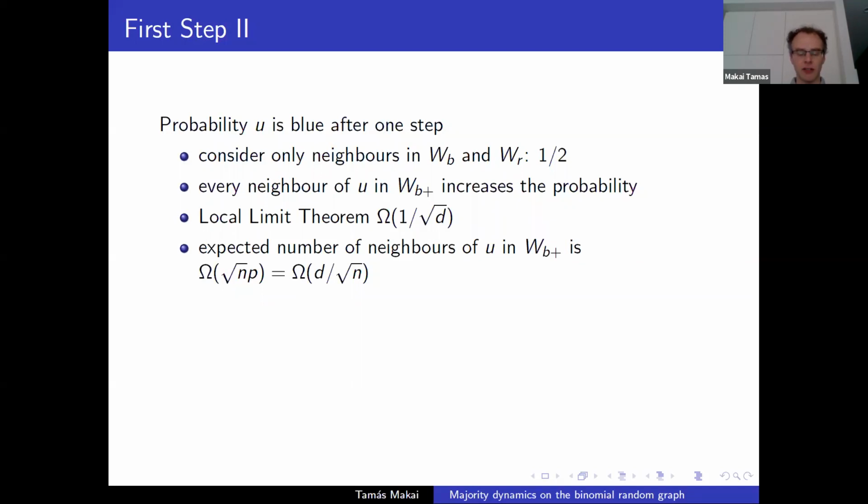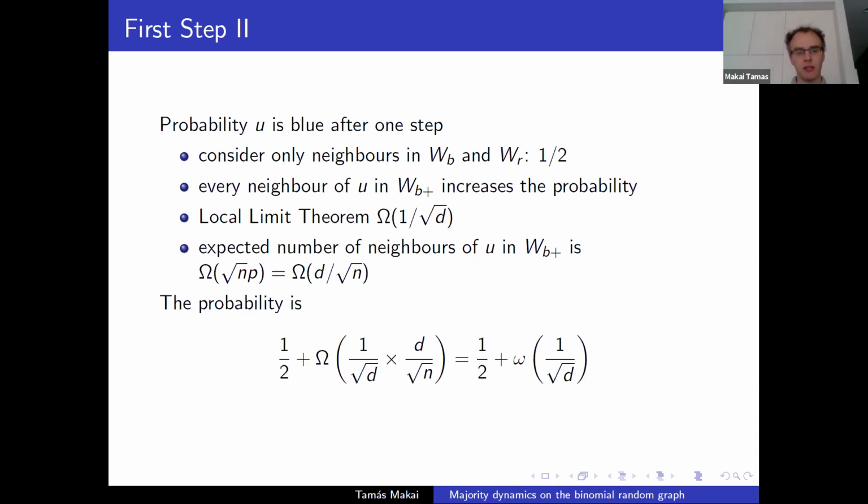Now, so far we have ignored the effects U and V have on this probability, but we can actually ignore this. If we sacrifice two neighbors of U in WB+, this would cancel out any effect the initial color of U and V has on the probability that U becomes blue after one step. But because we have so many neighbors in WB+, sacrificing an additional two doesn't make much of a difference.